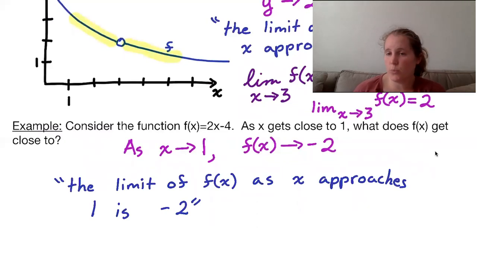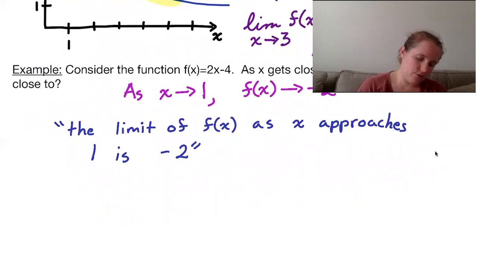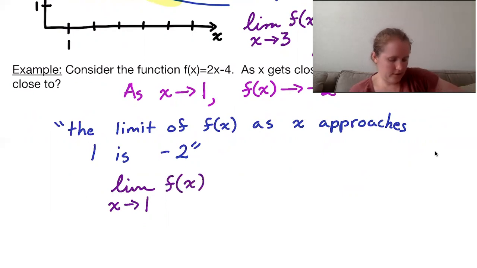You could also just put in the actual function, 2x minus 4, instead of stating f of x. In this new format, this becomes the limit, LIM, as x approaches 1 underneath of f of x is equal to -2.